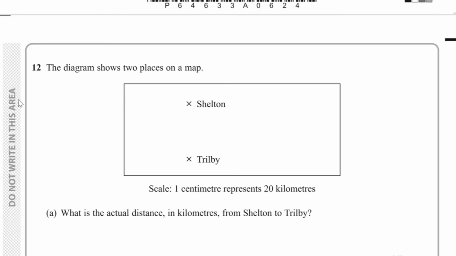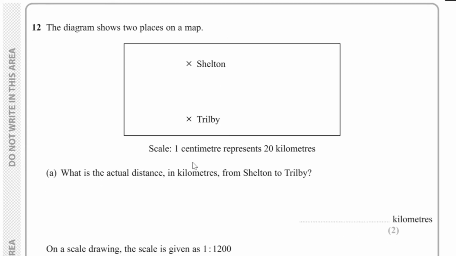Question number 12. The diagram shows 2 places on a map. We've got Shelton and Trilby. We've got a scale, 1 centimetre represents 20 kilometres. And for part A, what is the actual distance in kilometres from Shelton to Trilby?